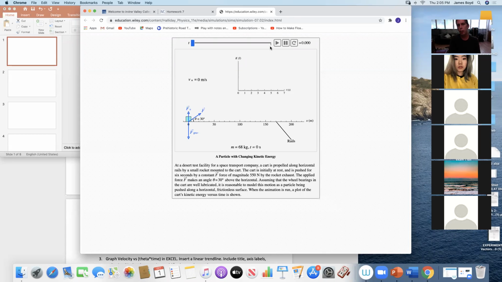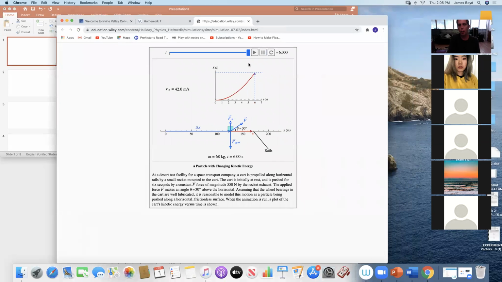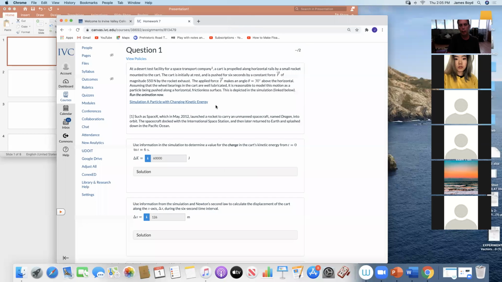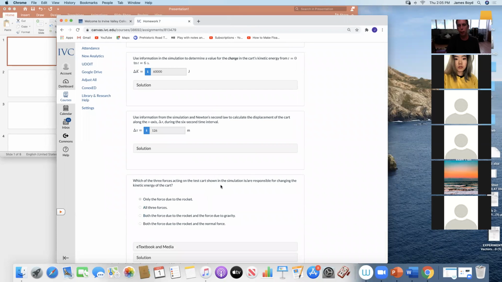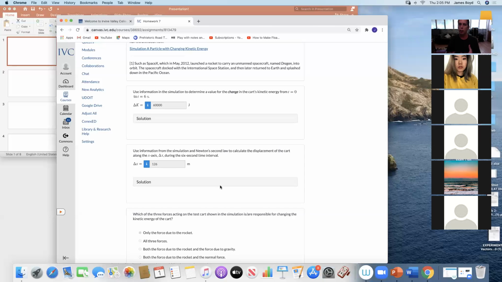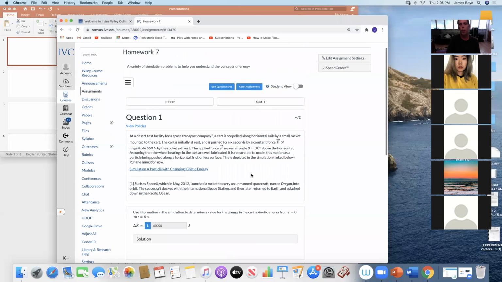But then you can usually play around with these simulations and it'll show you something cool. This one's showing the work done on a rocket sled if the force is at 30 degrees. And it asks you a couple questions, like which of these forces are responsible for changing the kinetic energy. So hopefully that'll help you nail that down.